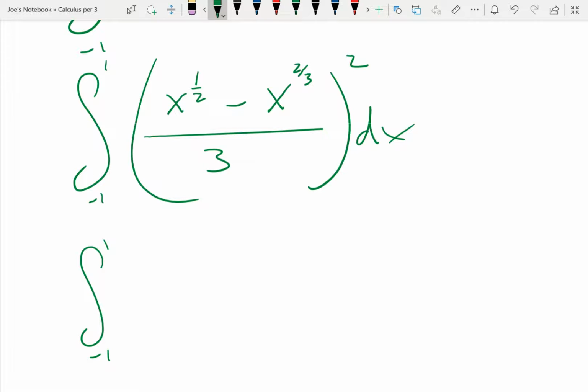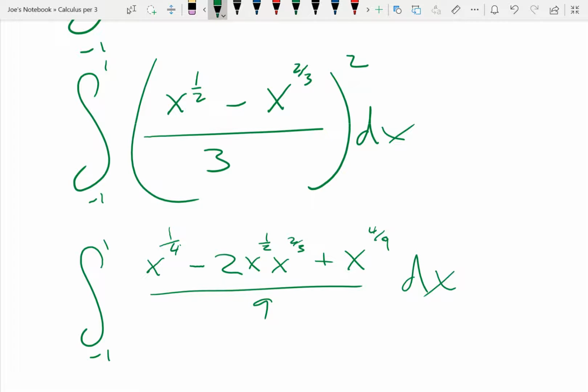So the numerator is going to be the numerator times the numerator, so it's going to be x to the 1/4 power, minus 2 times the product, right? So 2 times the product is going to be x to the 1/2 plus 2/3. So we'll do that in a second. And then the last term squared, so x to the 2/3 squared, that would be 4/9, all over 9.